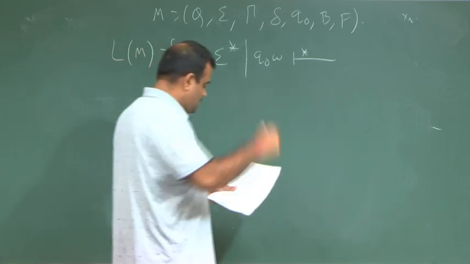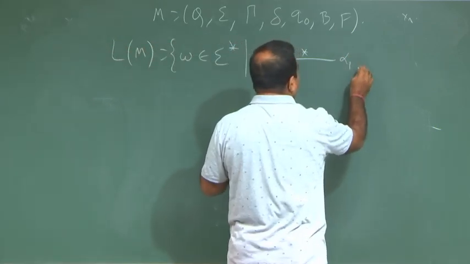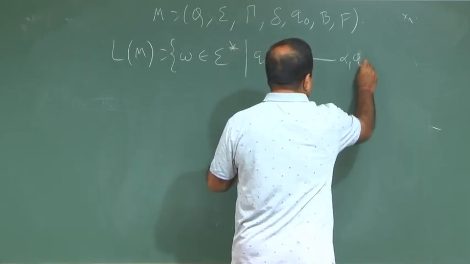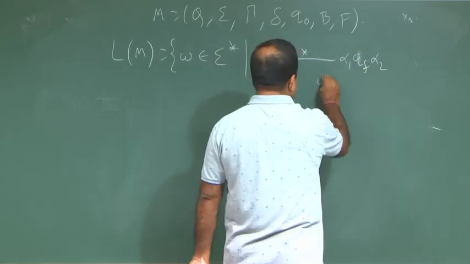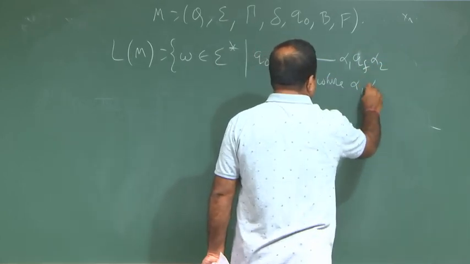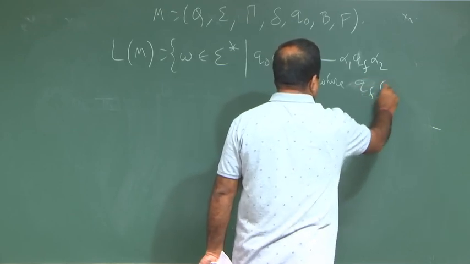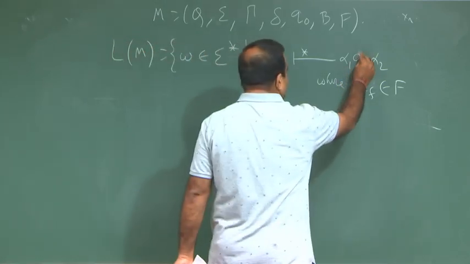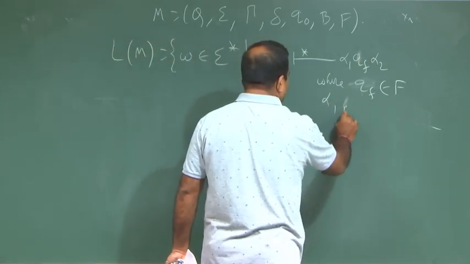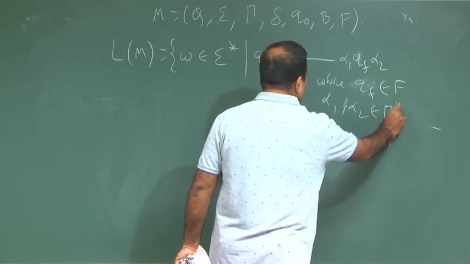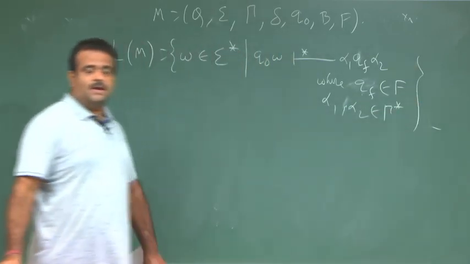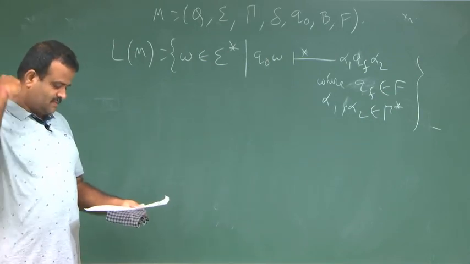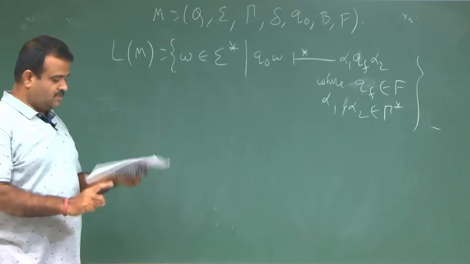delta, if it reaches a situation alpha 1 QF alpha 2, where QF is the final state, and alpha 1, alpha 2 are any string of tape symbols, then we say this W is accepted by the Turing machine, and this is the language of the Turing machine.